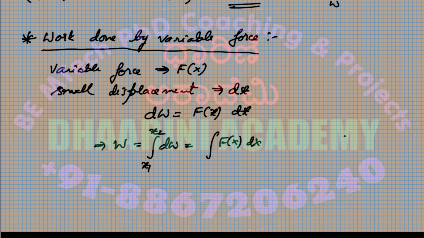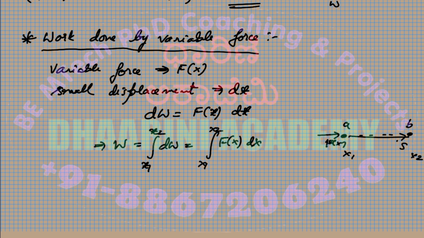Because there is an object here, I apply a force f of x here. From A to B, the object moves. So this is the displacement, right? You see that, right? From x1 to x2, your body moves like A to B. It moves through that much distance. That's why this is the equation to do that calculation.